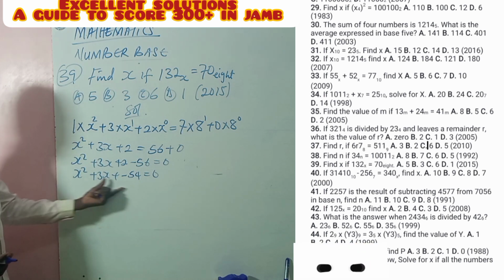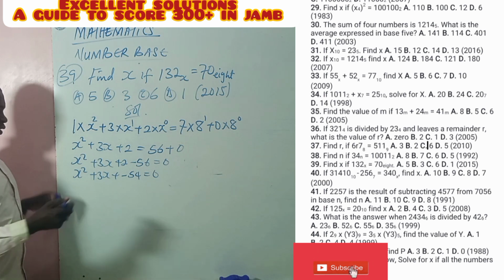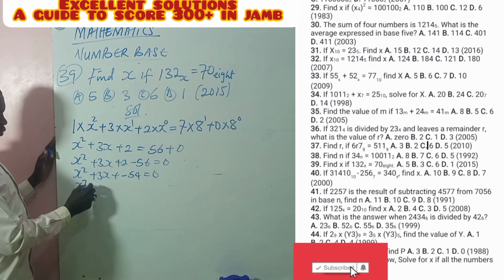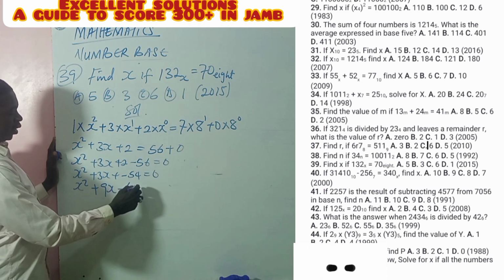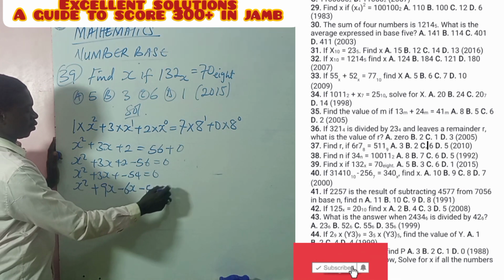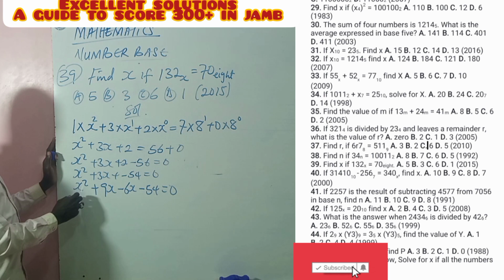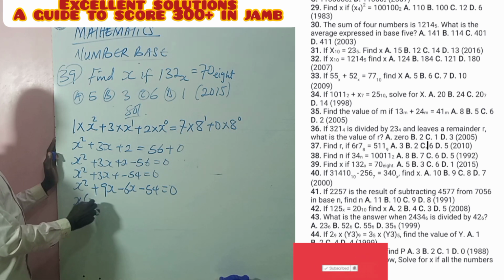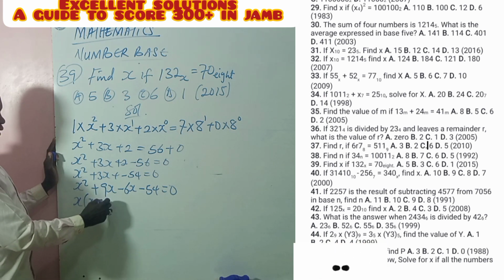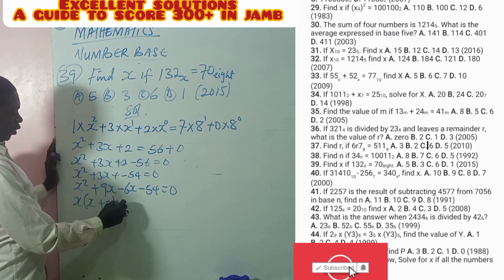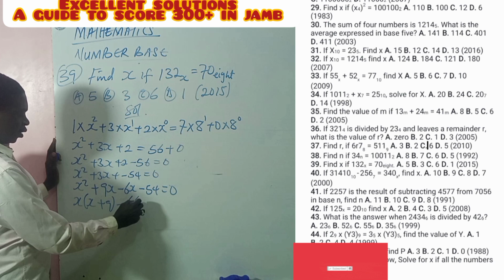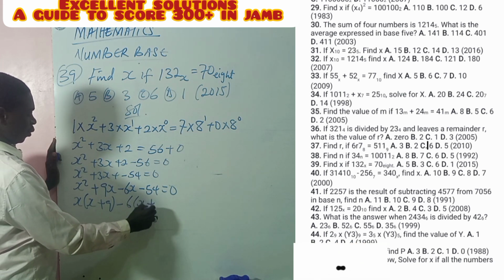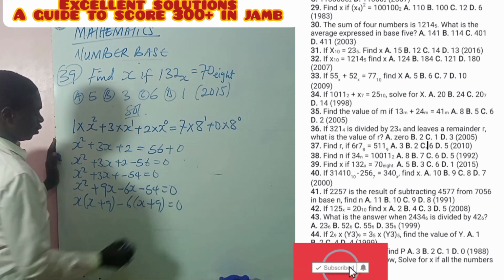We solve this quadratically. So we are going to have x squared plus 9x minus 6x minus 54 equals 0. This is the same as x open bracket x plus 9, then minus 6 open bracket x plus 9 equals 0.